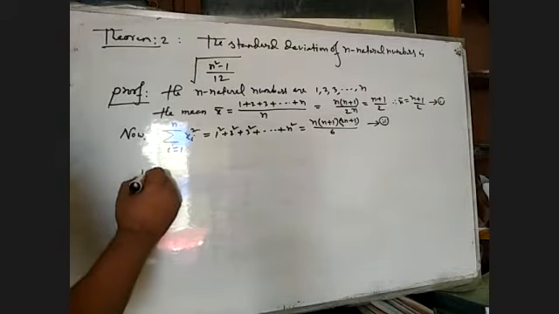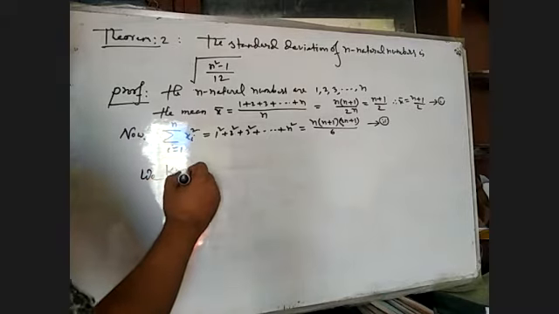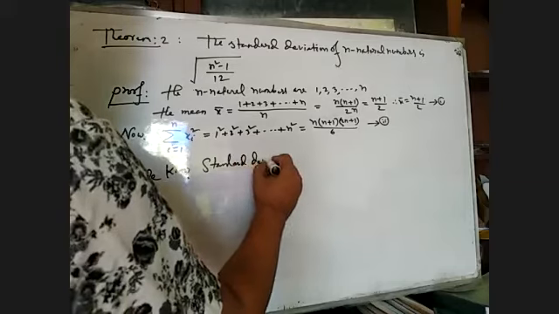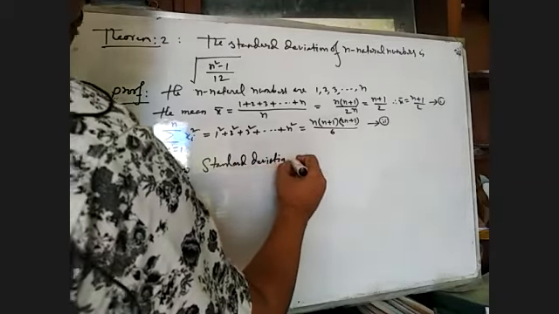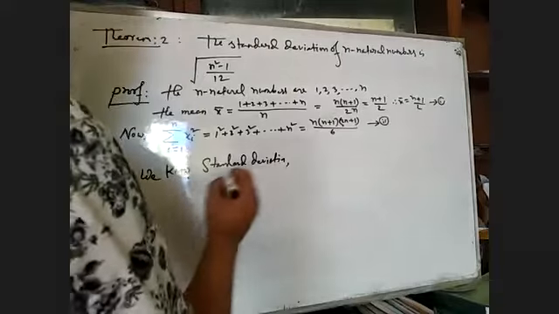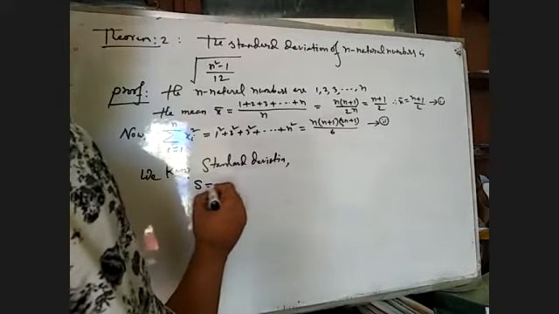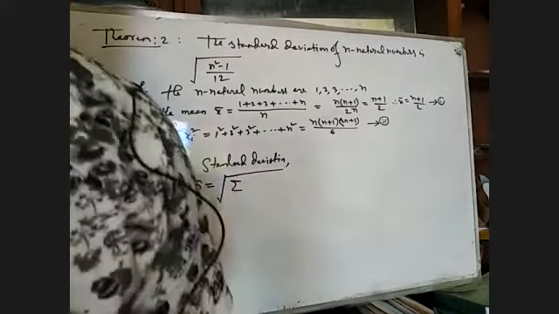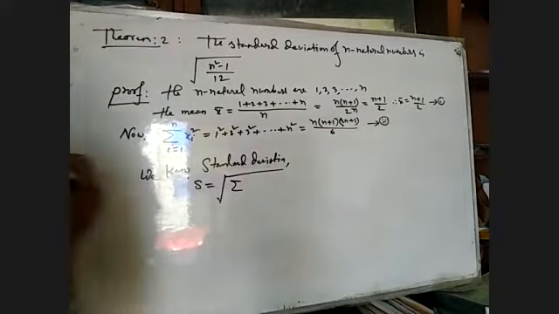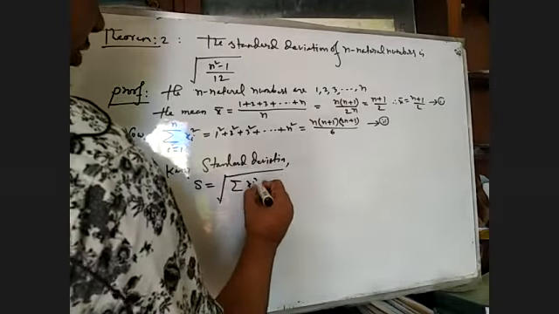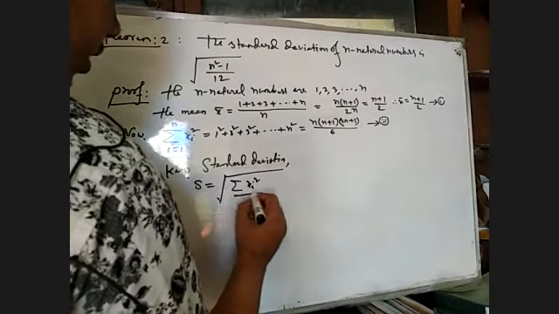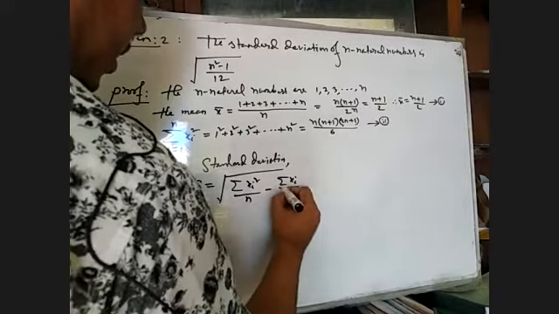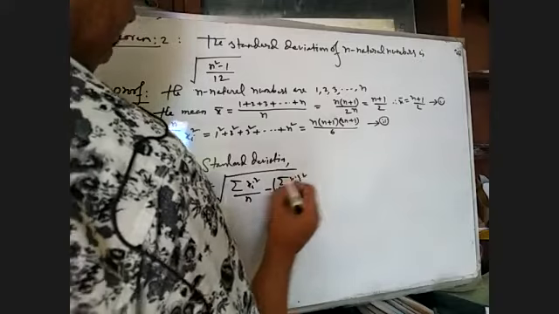We know the standard deviation formula: s equals to square root of summation xi square divided by n minus summation xi by n whole square.